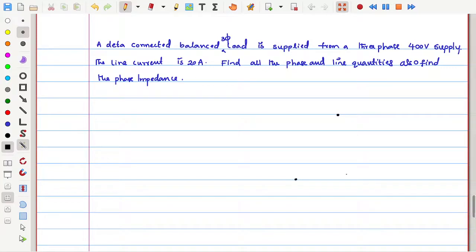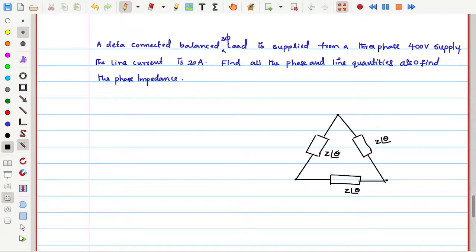Let me take the delta configuration in this way. I will assume some impedances Z at an angle theta, because it is a balanced load, so all phases have equal impedances Z at an angle theta. So this is the three phase load.